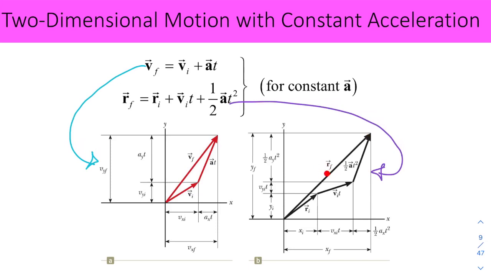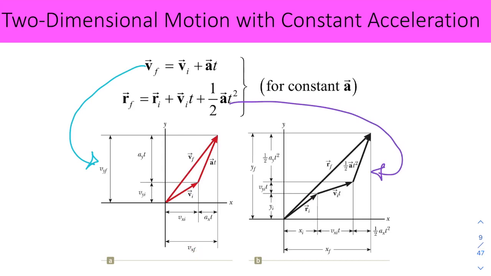So in terms of components, for this one, it has Vx initial, and you have Vy initial. In terms of at, you have axt, and in terms of y, you have ayt. So when you want to do the mathematical treatment, you sum Vx initial and axt to have Vx final.